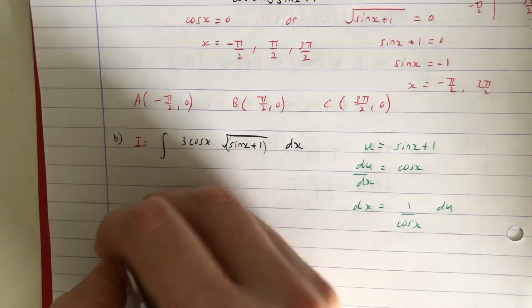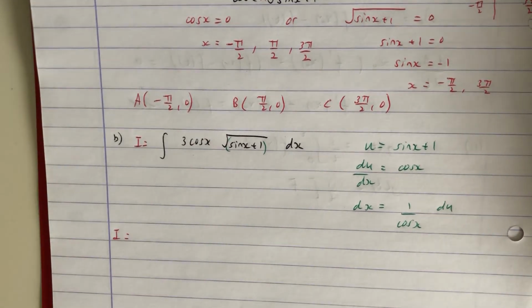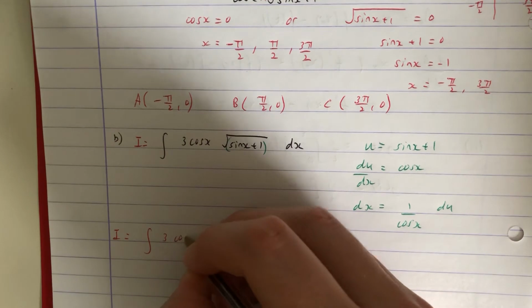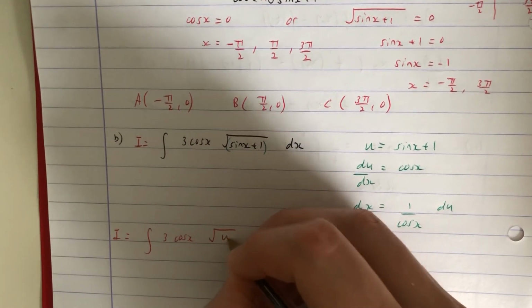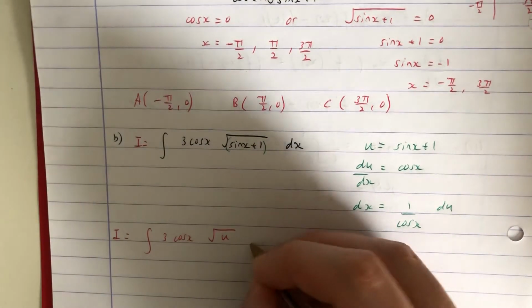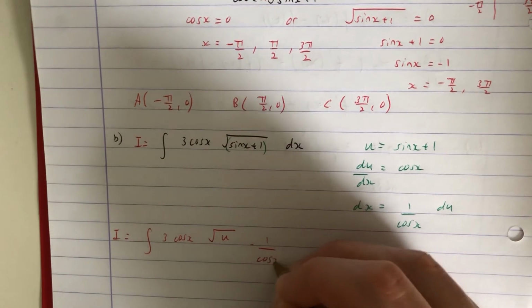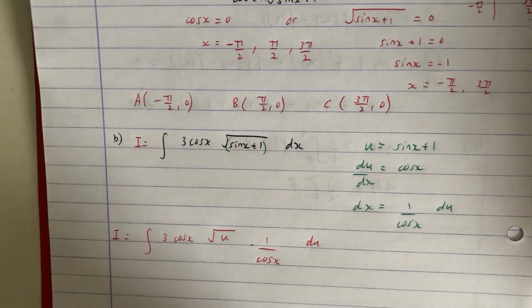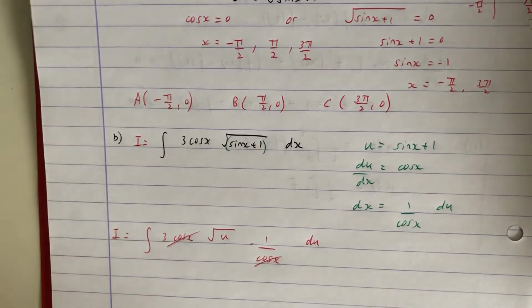So I is equal to the integral of 3 cos x square root of u times 1 over cos x du. And this looks like a good choice because the cos x's disappear.